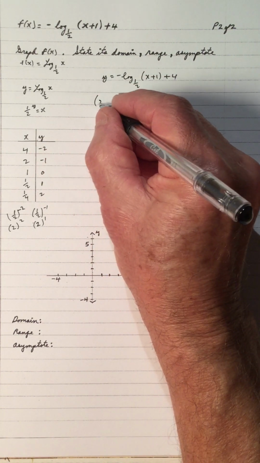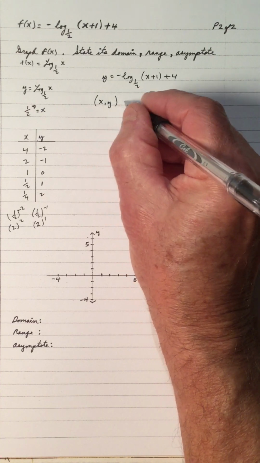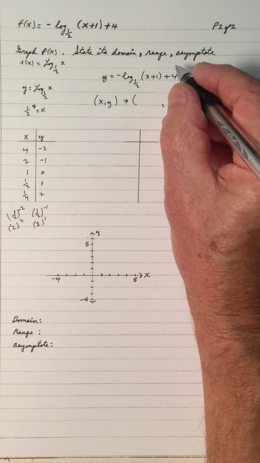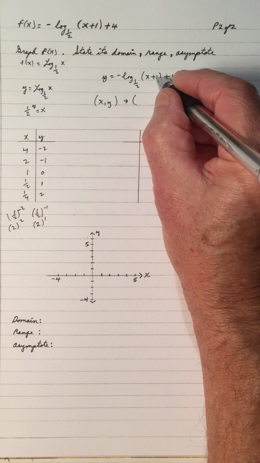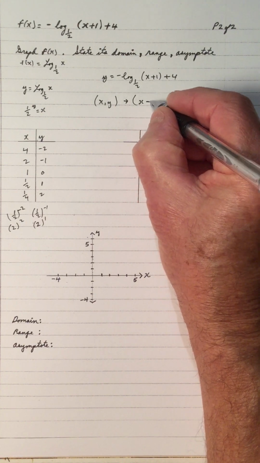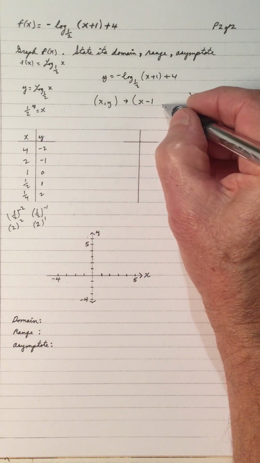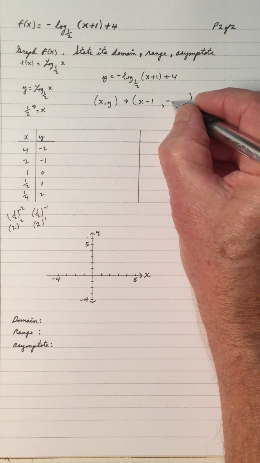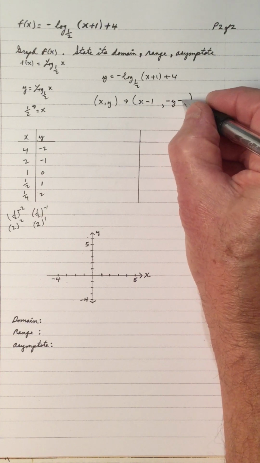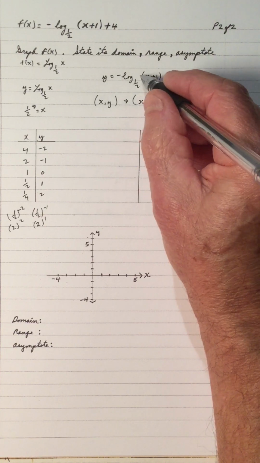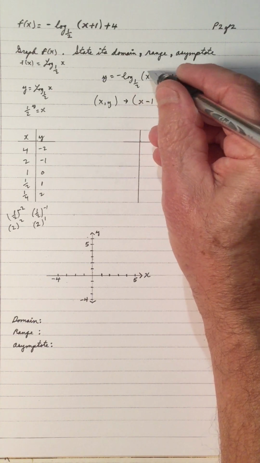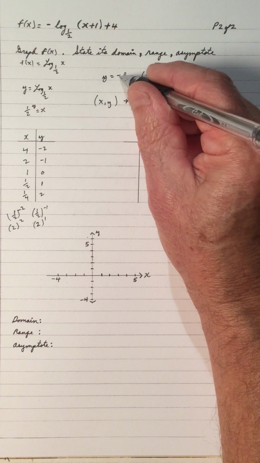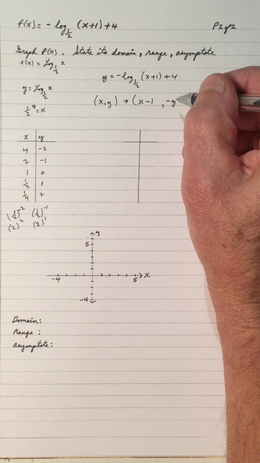So the mapping rule is x comma y maps to. And let's see. The x, this is x plus 1, so this is an x minus 1. And the y is the negative of the log, so it's a negative y plus 4. The only difference is this is the log of this expression here. So this is the negative y plus 4.